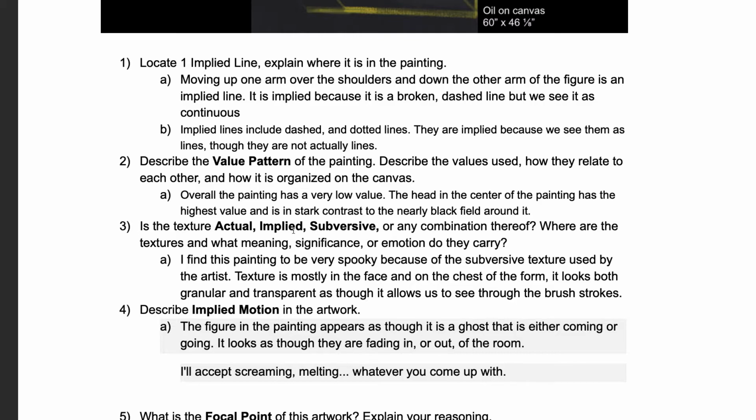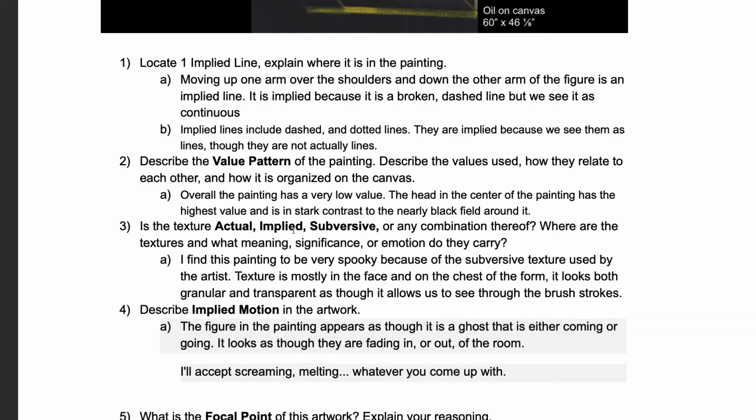Texture is mostly in the face and on the chest of the form. It looks both granular and transparent, as though it allows us to see through the brush strokes. I described subversive texture. Subversive meaning something that's unexpected, something that's kind of gross or spooky.